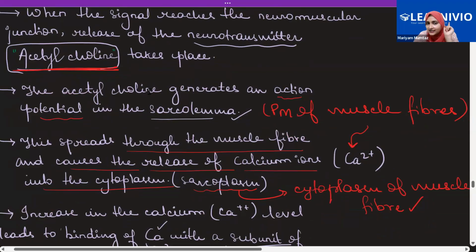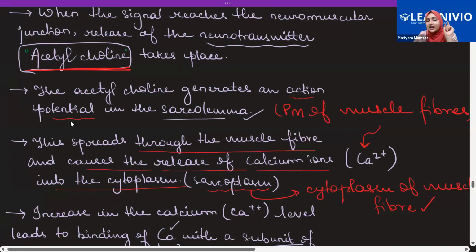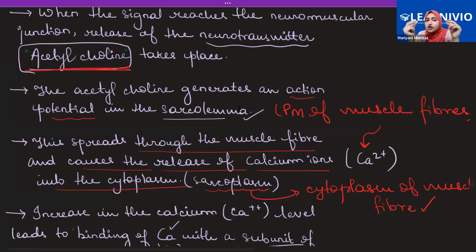So this acetylcholine generates an action potential in the sarcolemma, meaning it makes the plasma membrane of the muscle fiber charged up. And now this signal is spread throughout the muscle fiber. Because the signal is spreading, from our sarcoplasmic reticulum the calcium ions will be released, because calcium ions are very, very important for muscle contraction. So that calcium ion is released.